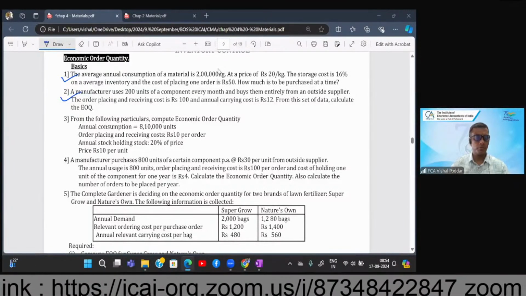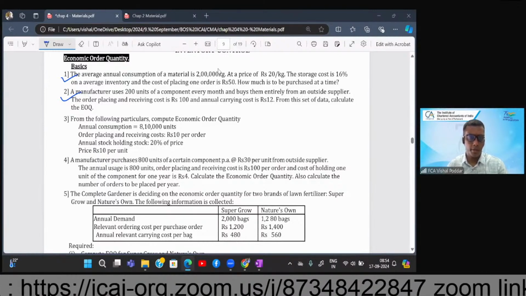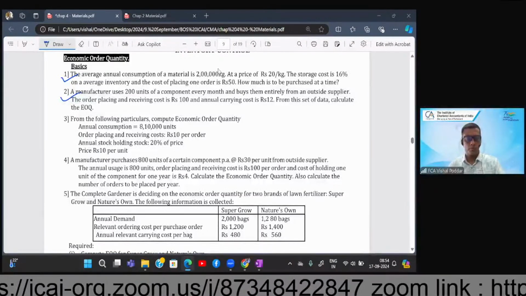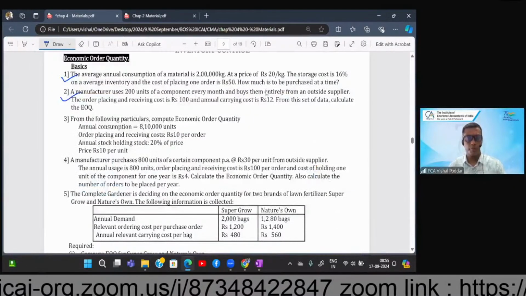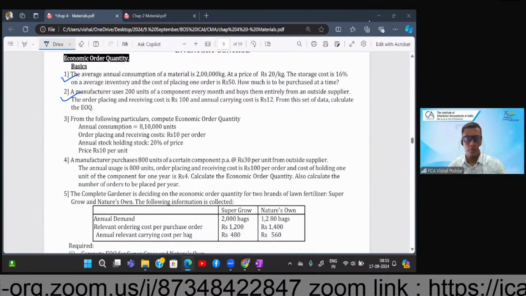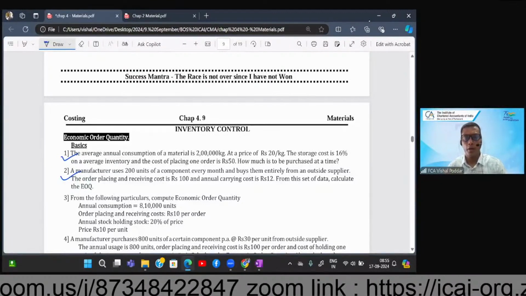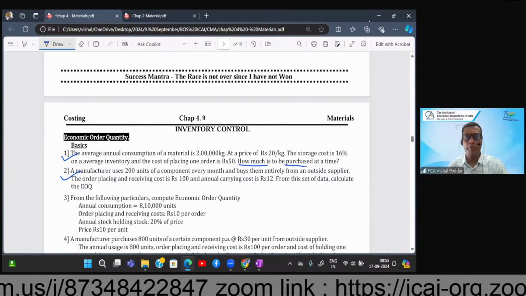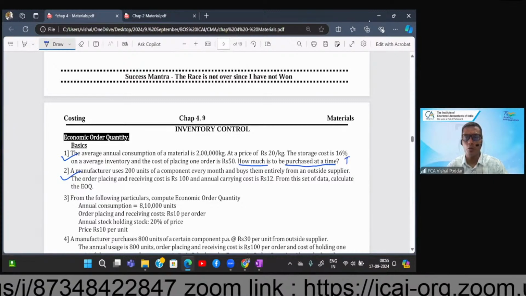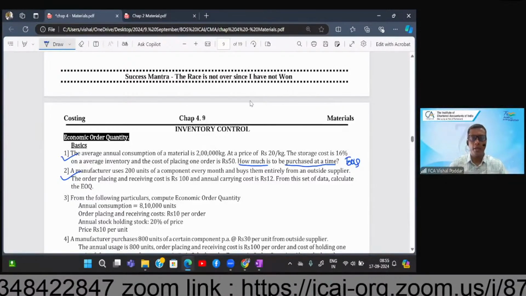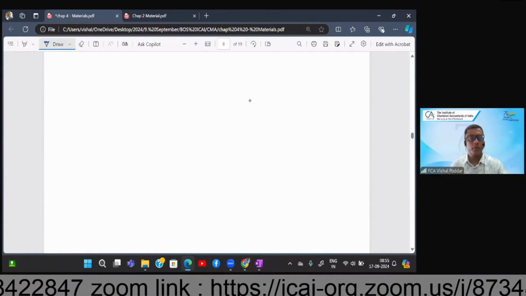Okay, 2500. Okay. See, simple. What do I have to find out in the first question? I have to find out how much is to be purchased at one time. So the answer is EOQ, because EOQ gives you the quantity that has to be purchased every time, right? Now I'll solve here.